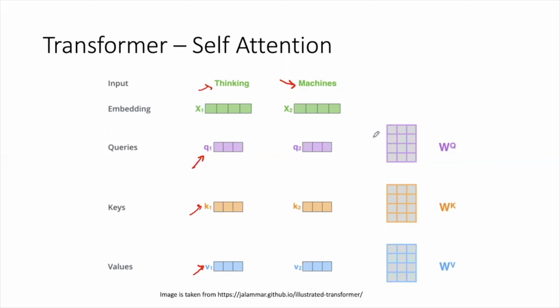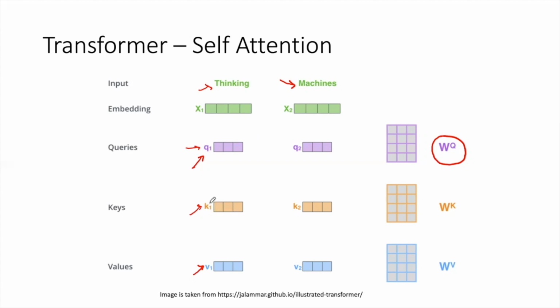with WQ, which is a matrix. So we multiply x1 with WQ, and that is basically a linear transformation of the input vector. So this Q1 is obtained by a linear transformation of x1 via the matrix WQ.